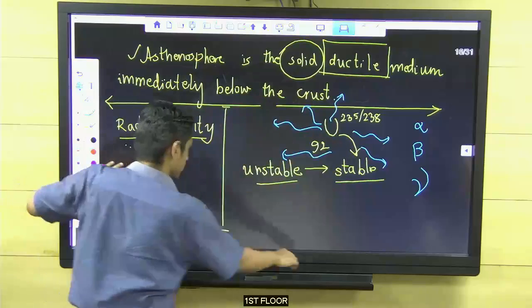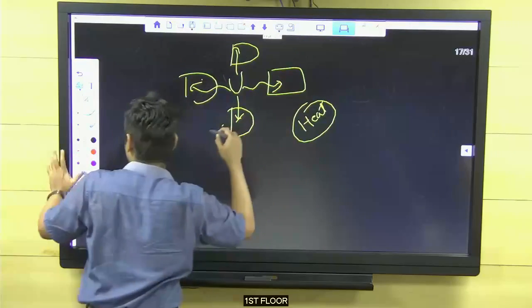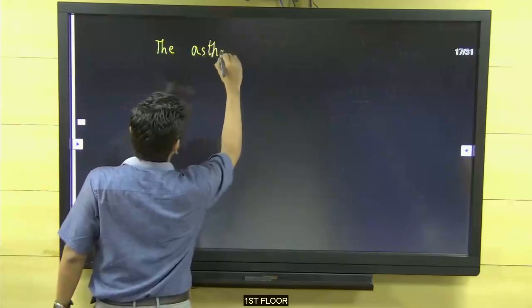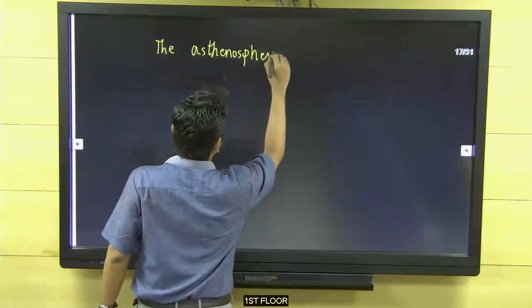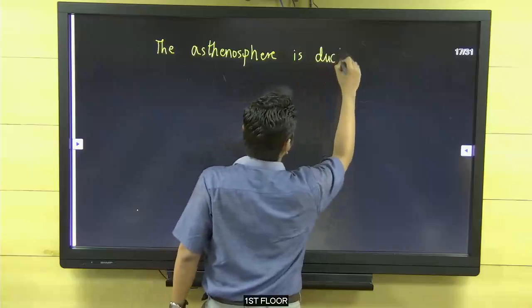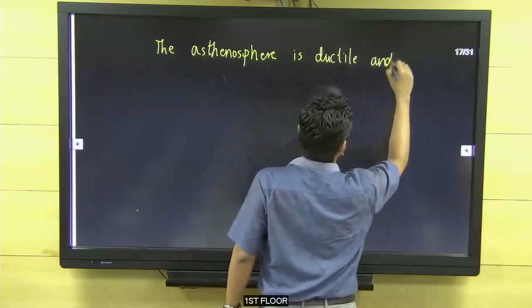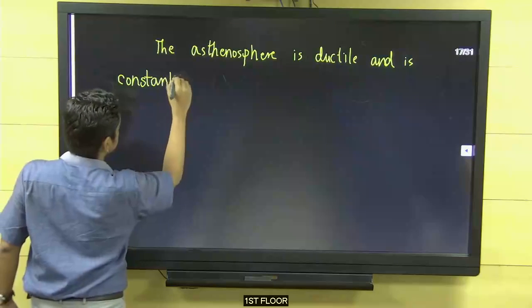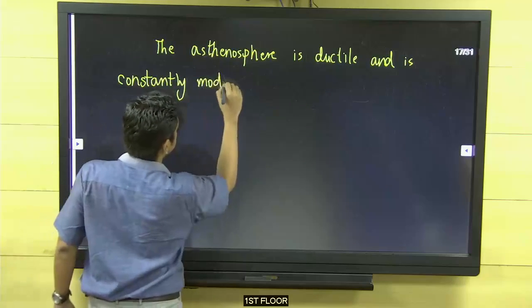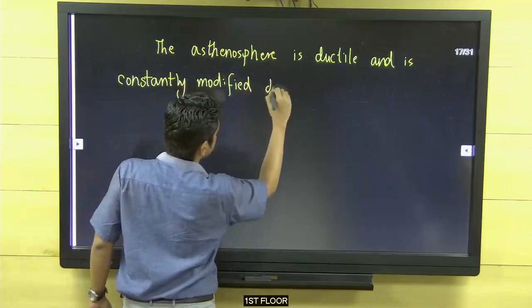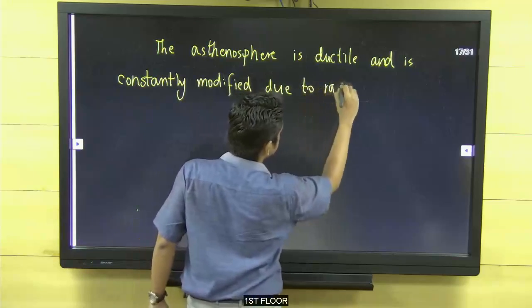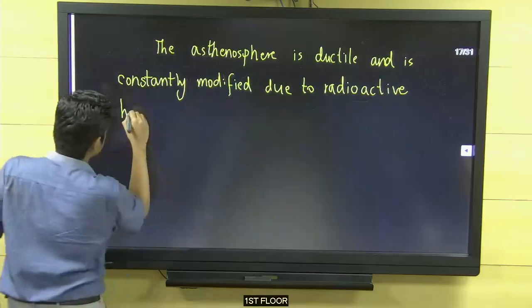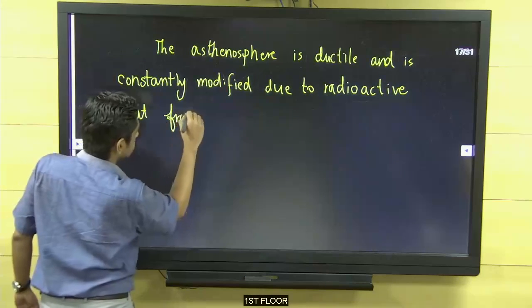Meaning makes sense. So let me write the statement here. The asthenosphere is ductile, and is constantly modified due to radioactive heat from unstable elements.